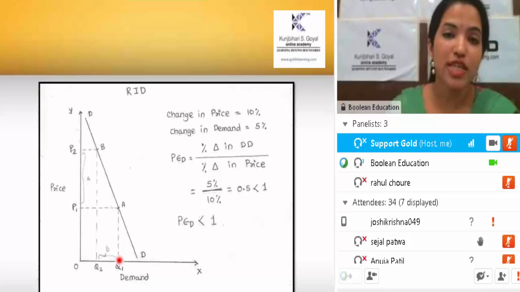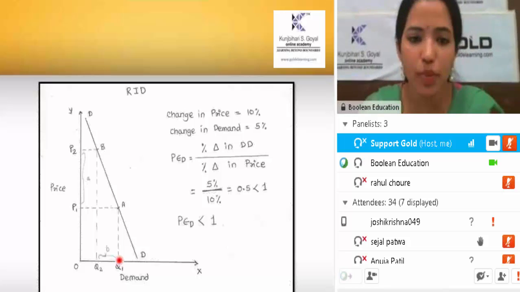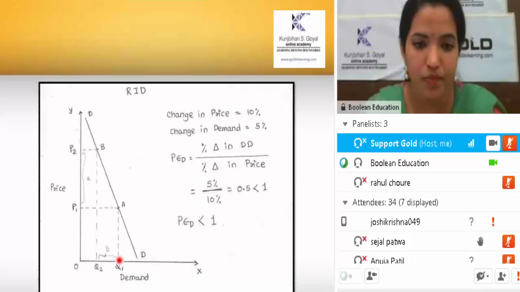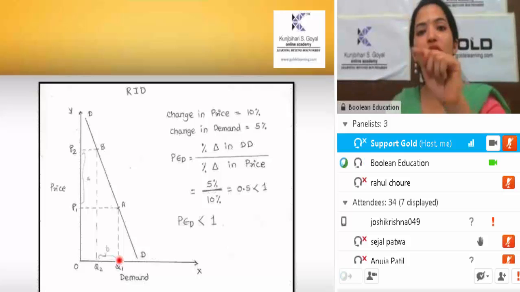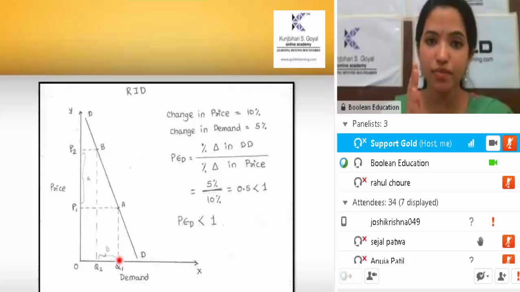So let's put this in the formula. Price elasticity of demand equals percentage change in demand by percentage change in price. Let's put our numbers in this equation. 5% by 10% equals, answer आएगा 0.5. Now this is 0.5. ये 0 भी नहीं है और 1 भी नहीं है. This is between 0 and 1. Correct?